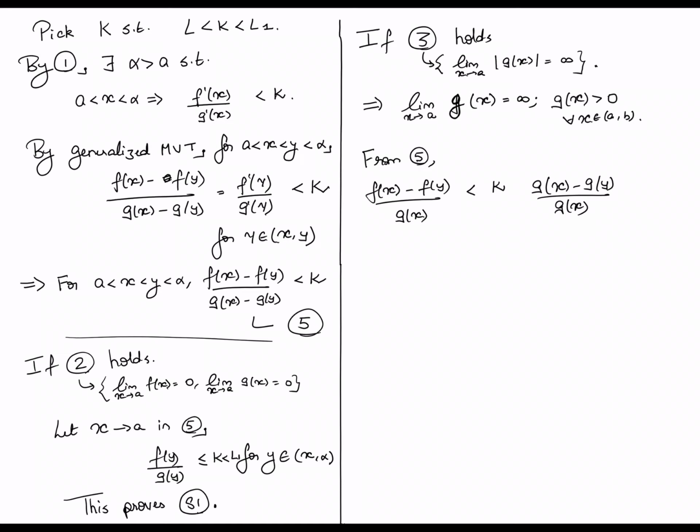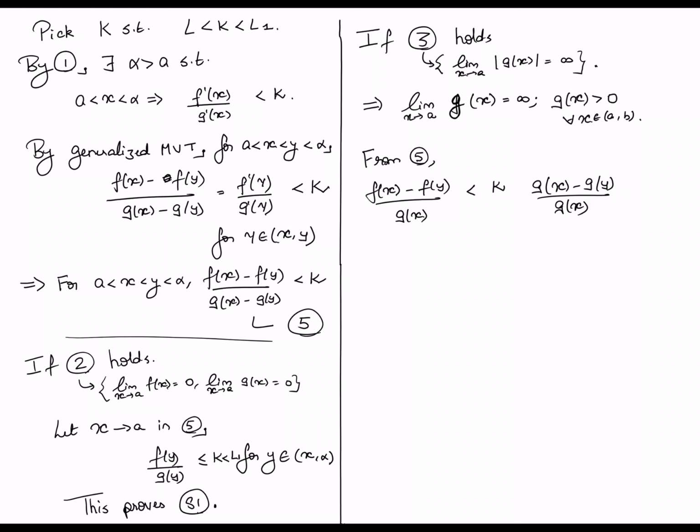Now, why am I allowed to do all this multiplication on both sides of 5? Well, what I'm multiplying by is positive. Remember, g of x is positive, and moreover, g of x minus g of y is also positive because g is strictly decreasing. So the inequality we have just written does in fact follow from 5, given that g is strictly decreasing and positive over the interval under consideration.